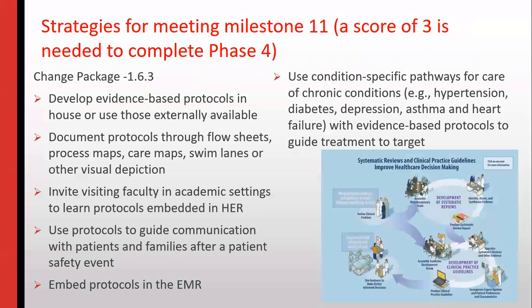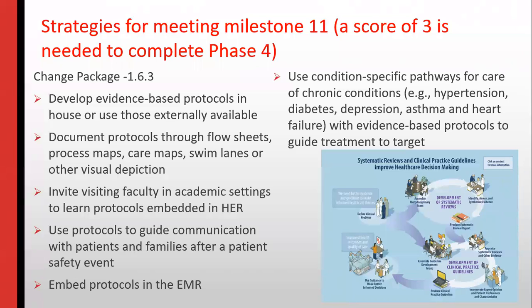So what are some examples here of strategies? In this case, we're looking at Change Package 1.6.3. And here we see that you can develop evidence-based protocols in-house or use those developed perhaps by professional societies or other health systems that have particular expertise in the type of patient that you're looking to standardize care mapping for.